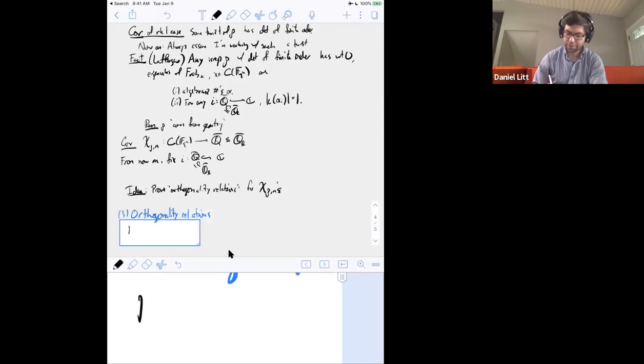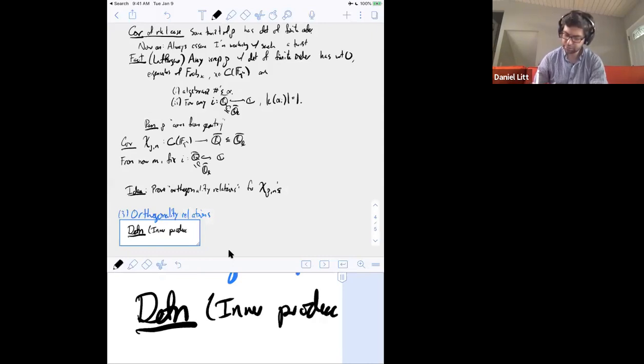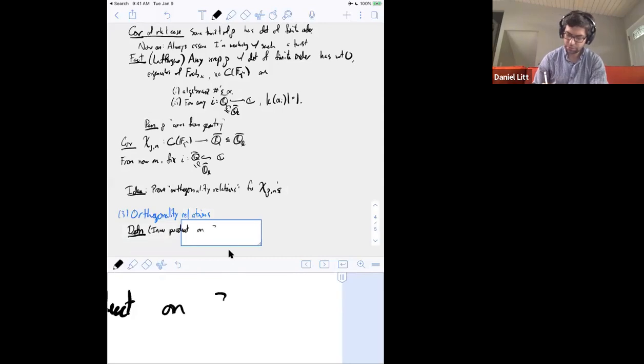Let me remind you what the standard inner product is on C to the n. I'm going to view it as an inner product on C to the set of F_q^n points of our curve.